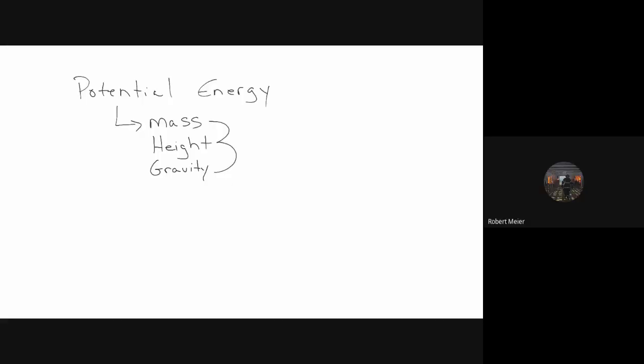Potential energy is given the symbol, a capital P with a little e, symbolizing potential energy. And that's going to be equal to the mass of the object times the height of the object times gravity. Well, what does that look like?